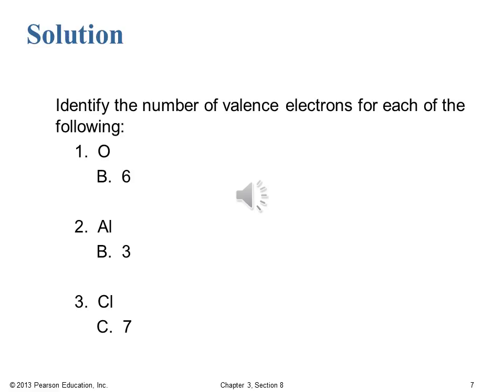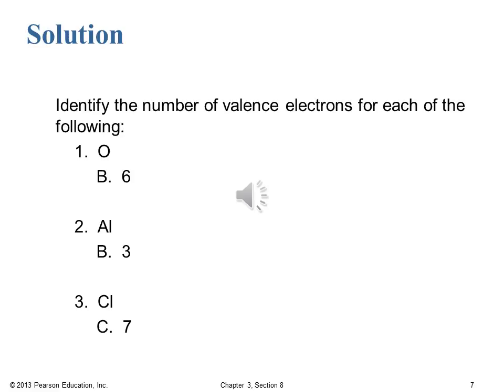It's the valence electrons, those 6 in principal energy level 2, that are handling the chemistry. Number 2, aluminum, which is a group 13 or group 3A metal, should have B, also 3 electrons this time. And finally, chlorine, which is a group 7A or group 17 element, should have C, 7 valence electrons. So hopefully that went well.